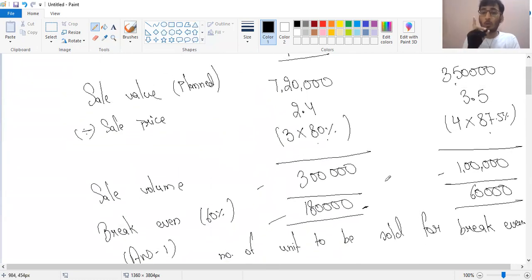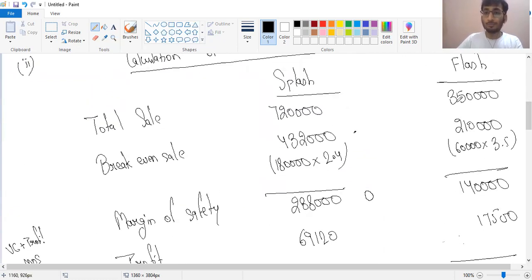So you can say variable cost for 1,80,000 units plus fixed cost is 4,32,000. Okay, because this is break even sale.